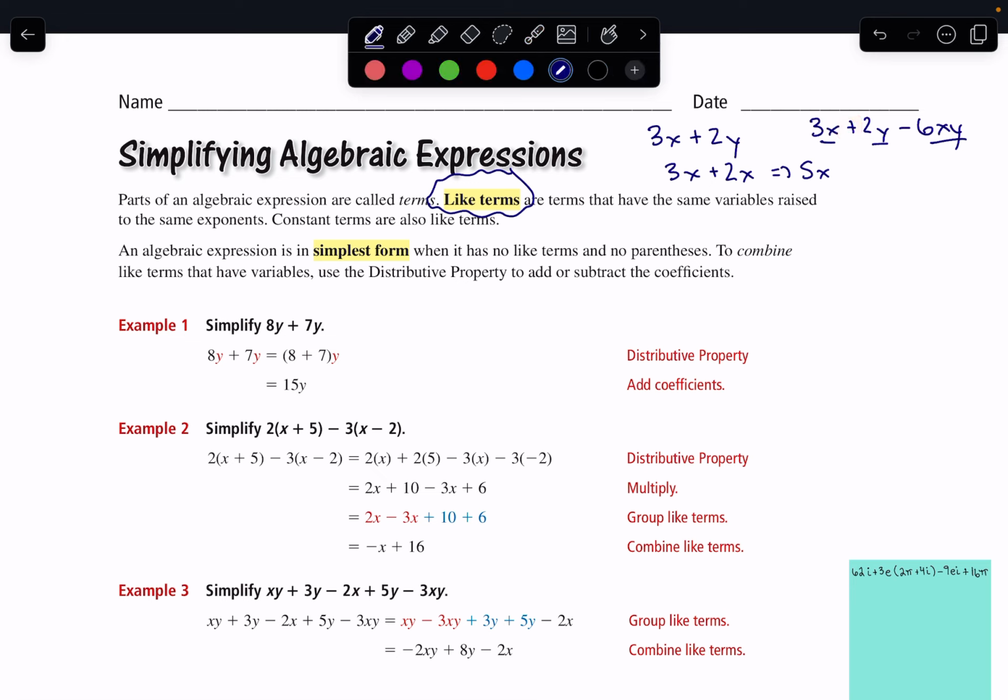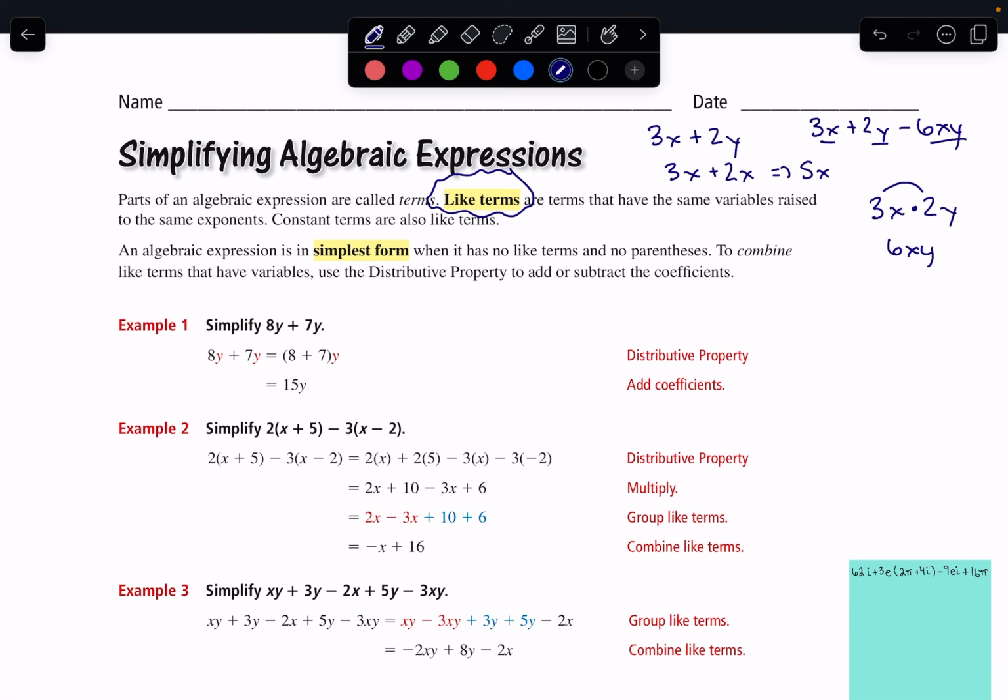That's different if I'm multiplying. If this said what's 3x multiplied by 2y, I can go ahead and do that because I'm not combining them, I'm multiplying them together. So the 2 and the 3 get multiplied and then I'm just left with 6xy. But be careful that you don't combine things together that have different variables coming after them.